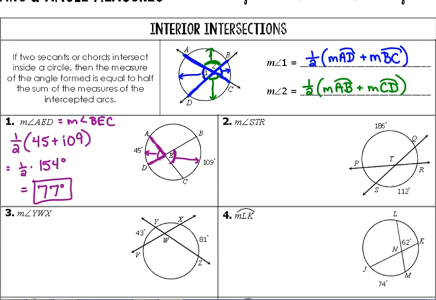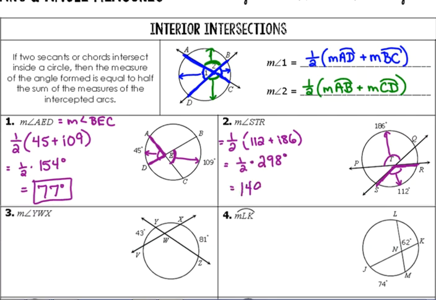Number 2, the measure of angle STR. So trace it out. Draw your angle. That goes to 112. The vertical angle goes to 186. So it is equal to 1/2 of 112 plus 186, which is 1/2 of 298 degrees.